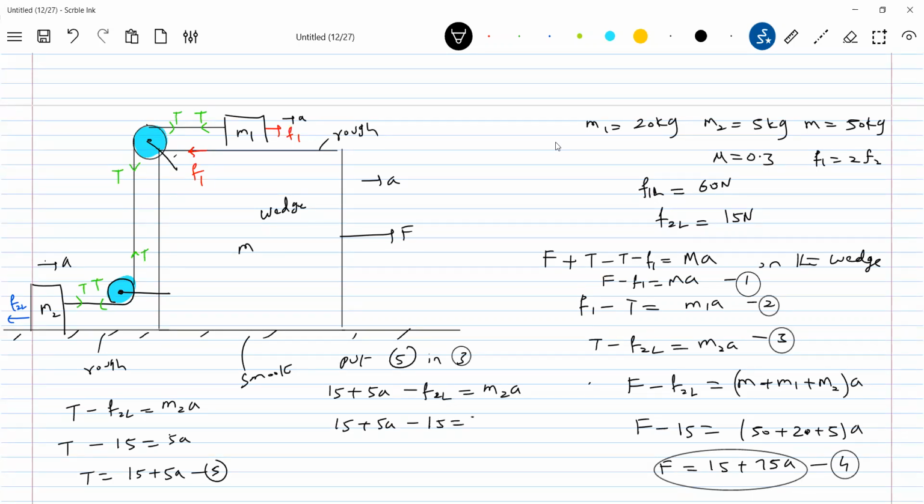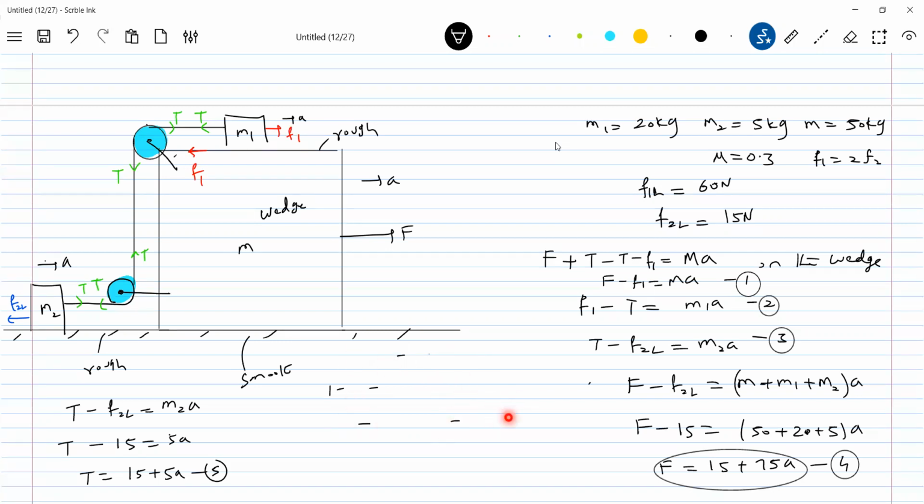M2 is 5a. See, the same equation I'm putting again and again, no? Equations 5 and 3 are the same, so no need of writing separately here. Already we wrote it. Okay, let it be this one.